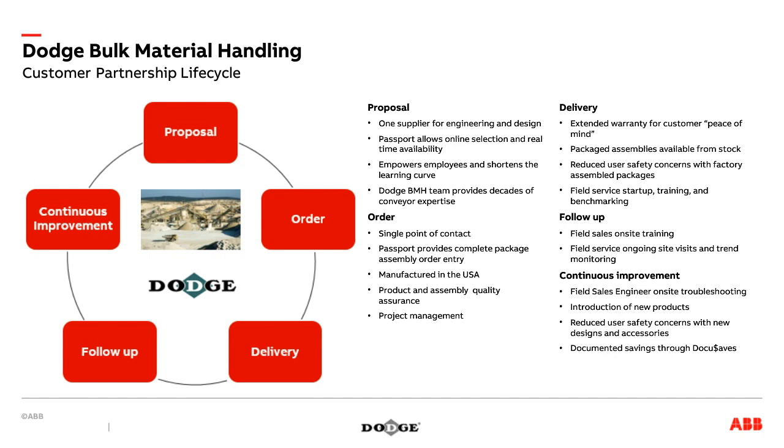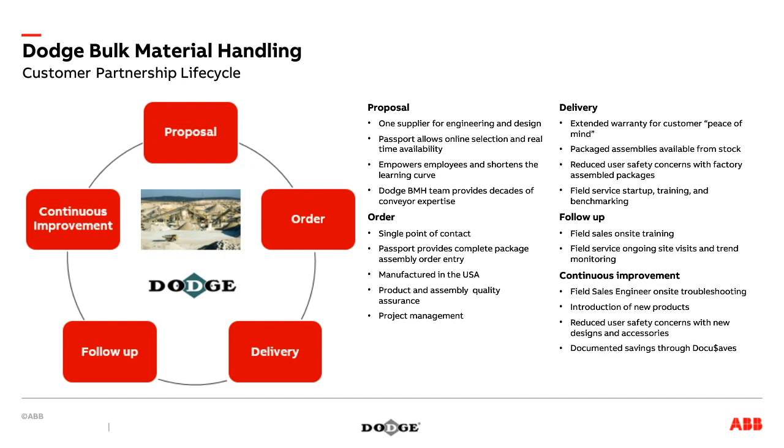Upon delivery, when the customer gets the project, being able to have one extended warranty ultimately brings you peace of mind, to be able to get fast factory assembled assemblies, be able to provide products out of stock with our on-site assembly at our stocking warehouses, and also be able to provide field service startup training and benchmarking for commissioning as well.